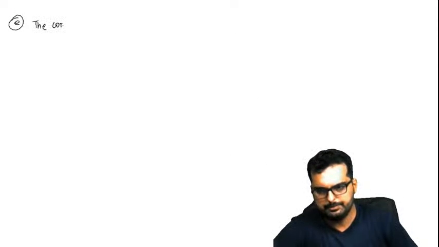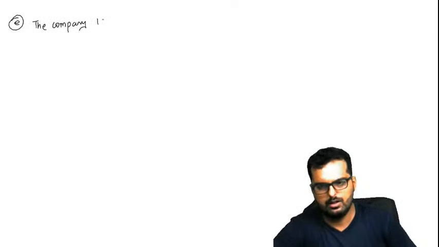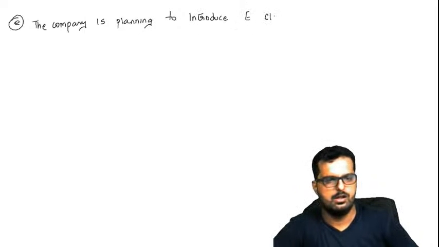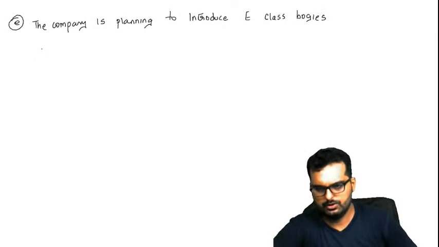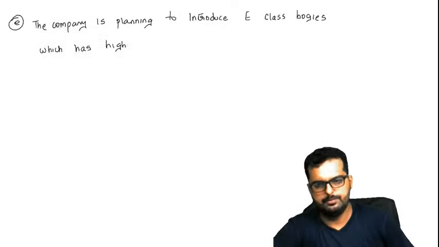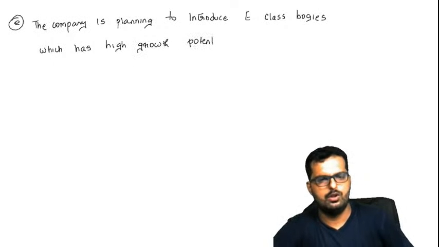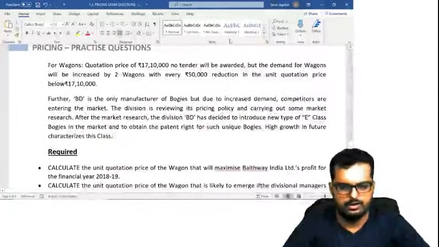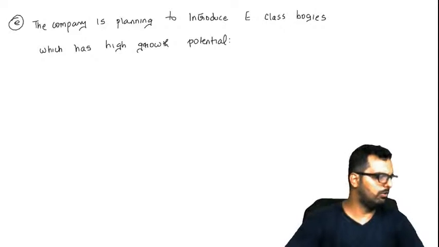The company is planning to introduce E-class bogies, which has high growth potential. That's how they have told over here. Am I right? Can you write down this point also in your books now?